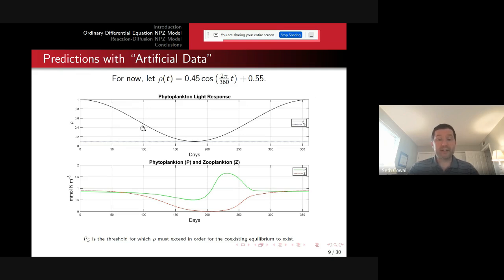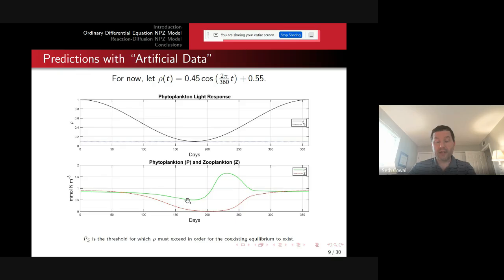And remember, rho is dimensionless. It is increasing with solar radiation, and it is a growth response to solar radiation. So as solar radiation decreases, rho also decreases, and thus we have less photosynthesis going on.